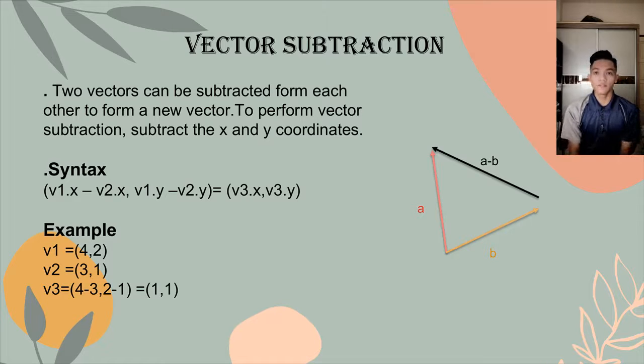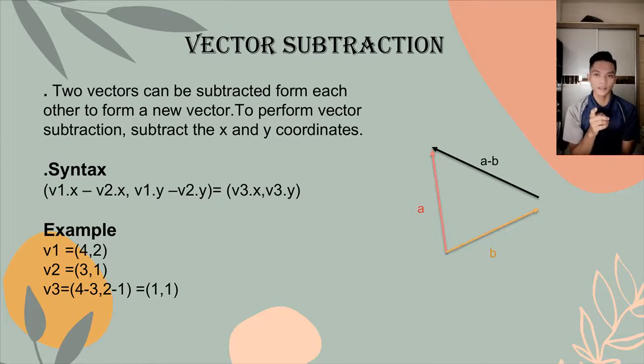Based on this example, we are given two vectors: vector 1 is 4, 2, and vector 2 is 3, 1. Both vectors must be changed into x and y form so we can subtract the same elements. So vector 1 will be 4x plus 2y, and vector 2 is 3x plus y.